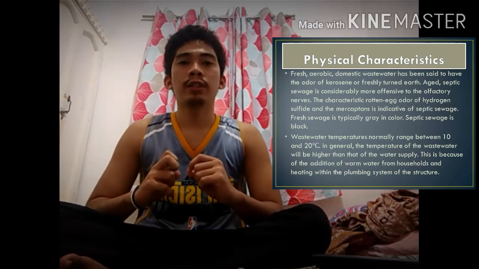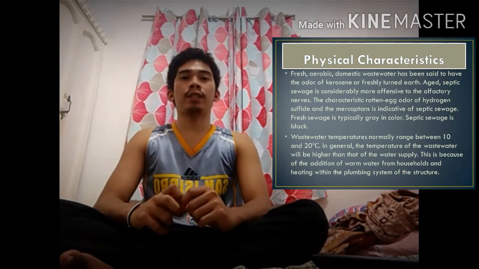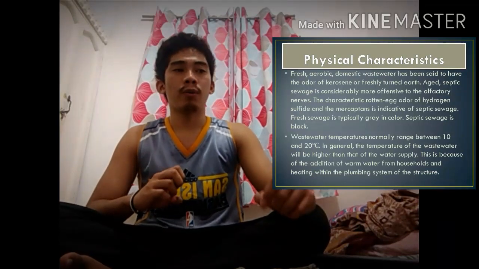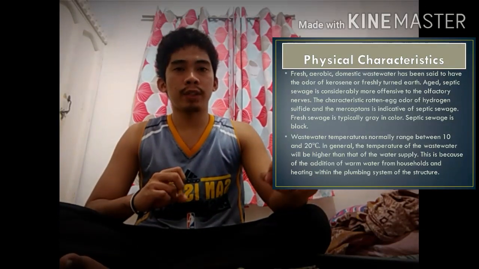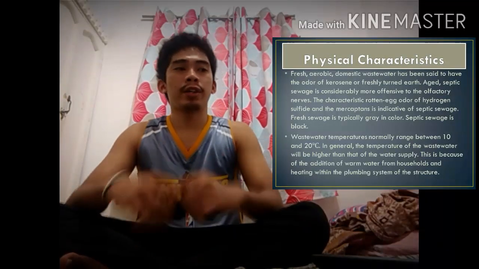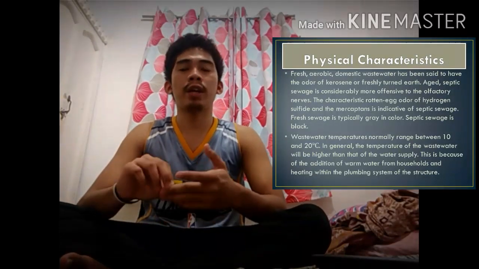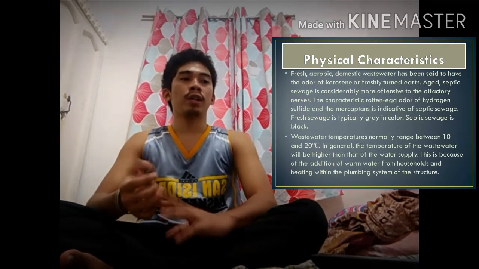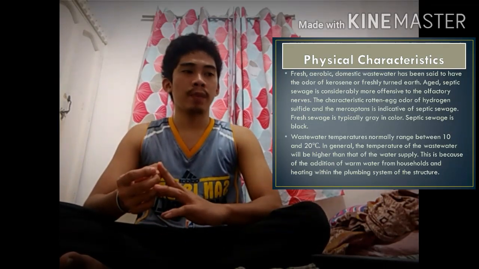Fresh domestic wastewater has a gray color while septic sewage has a black color. Wastewater temperature normally ranges between 10 to 20 degrees Celsius. The temperature of the wastewater will be higher than that of the water supply. This is because of the addition of warm water from household heating within the plumbing system of the structure.